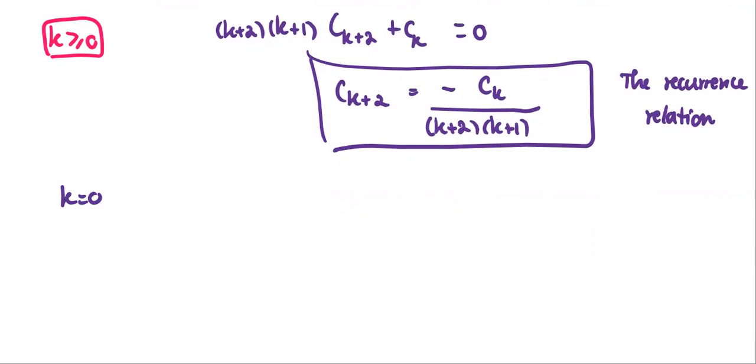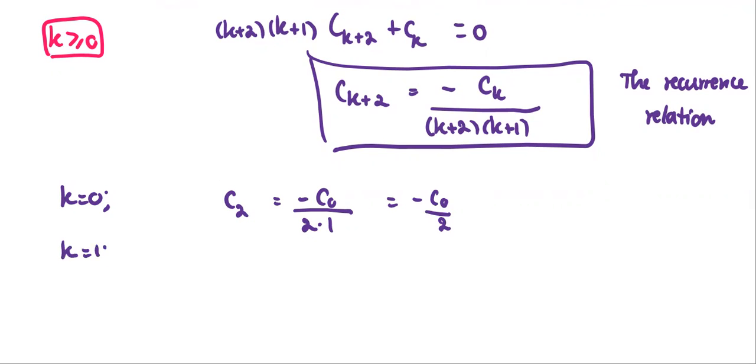For k equals 0, we obtain c2 as negative c0 over 2 times 1, or negative c0 over 2.